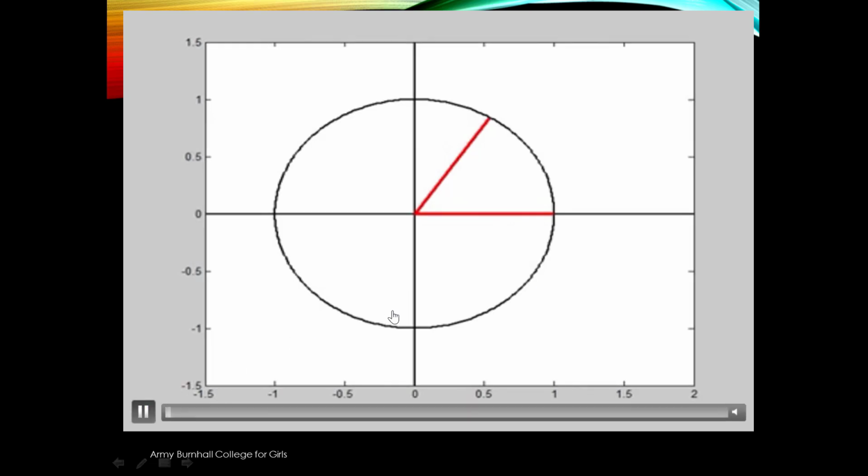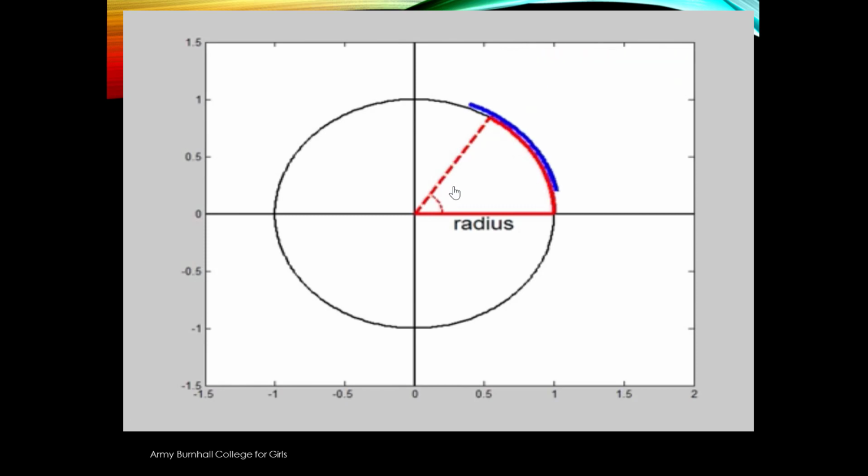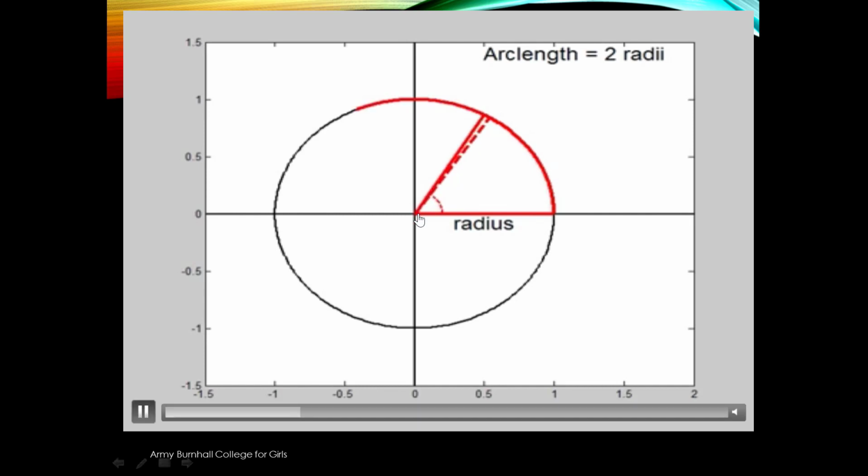If we are considering a circle of radius r and we are taking an arc length equal to the length of this radius, then angle subtended will be 1 radian. If we increase the length of the arc to 2 radii, then angle subtended at the center will also be doubled.